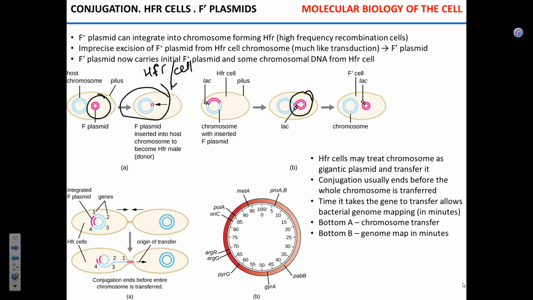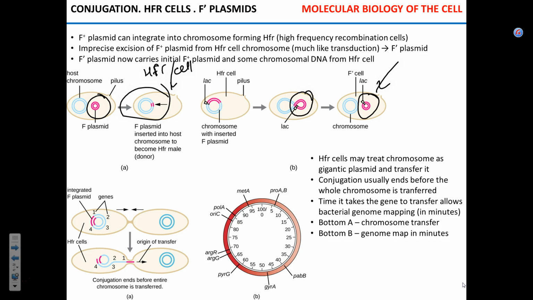the plasmid that was incorporated can get excised from the chromosome back. And as you remember from the example with the specialized transduction, excision is imprecise, pretty much always. Does that make sense? It's not excised at the right points. So you have now a plasmid which carries with it a little fragment of the bacterial chromosome.